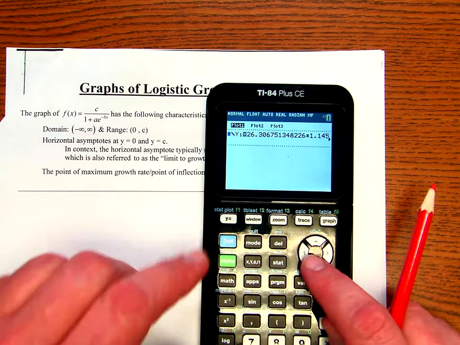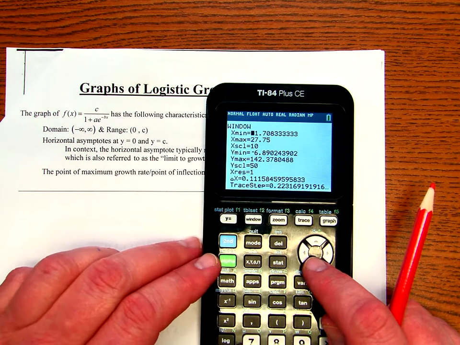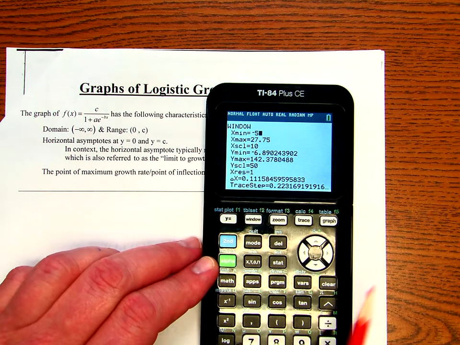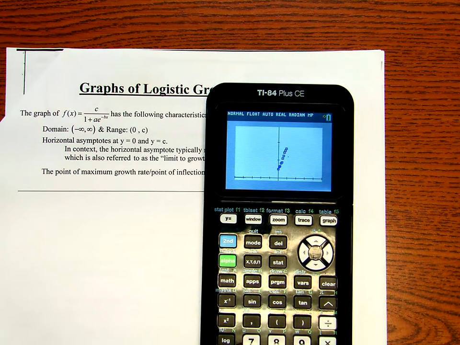What I'm going to do is let's change the window to from like negative 50 to positive 50 in the x and y direction. And we don't really want the blue curve. I should have turned that off.